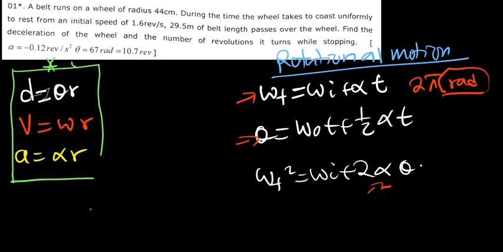So what I did was those formulas from linear motion where we are saying v final is equal to v initial plus at. Since I know that when it comes to rotational motion, velocity is this w, but since it is final, then I'll just put final. Then acceleration is angular acceleration, which is alpha. Then t is just t. That is this formula.